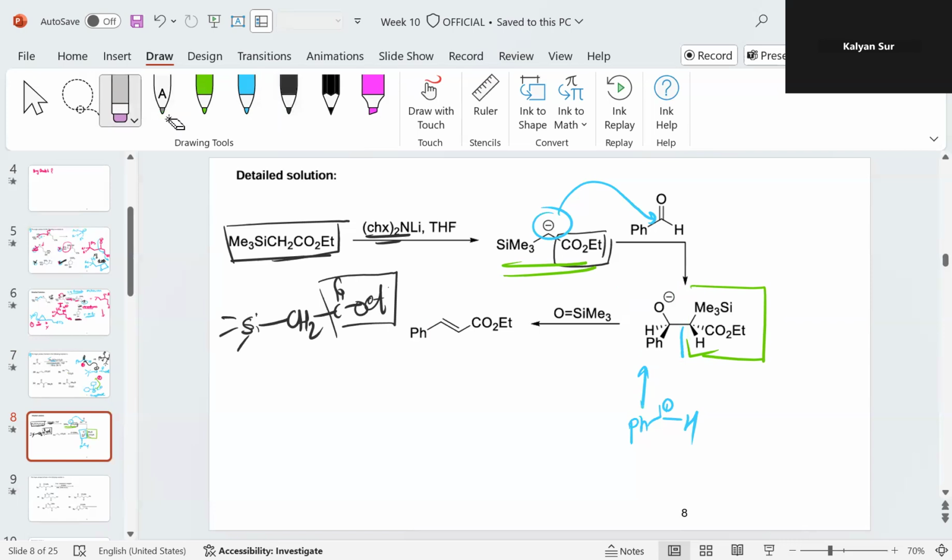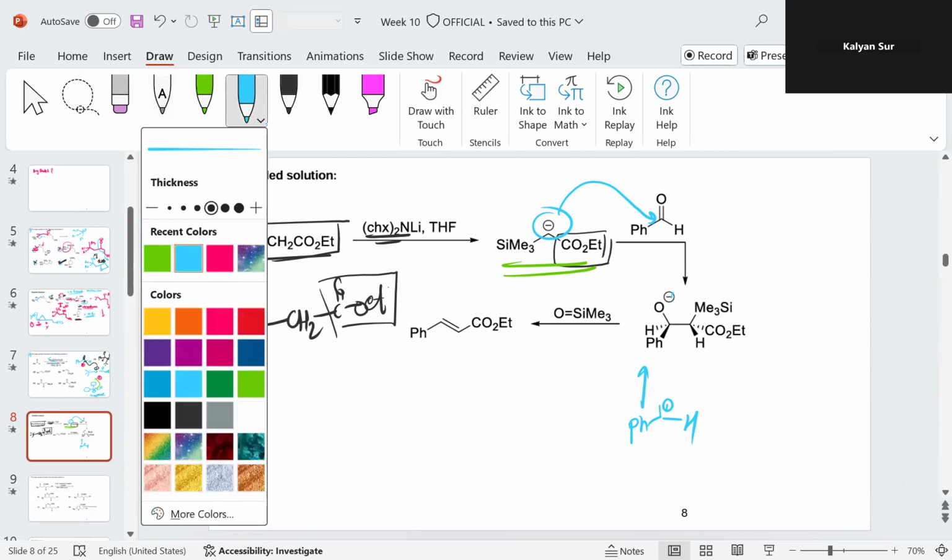Always remember, whenever we have the O negative and the silicon in the same compound, at the one position, there will definitely be this O negative. So this is a slightly wrong representation. I will just rub this one.